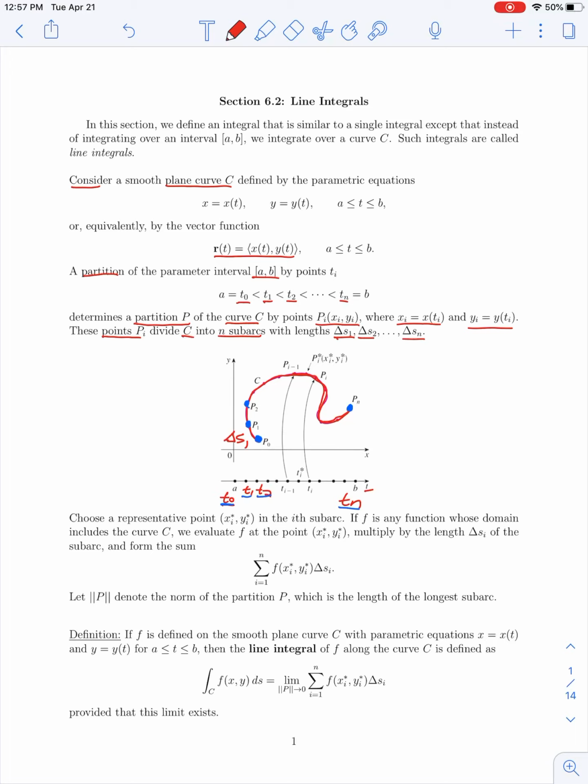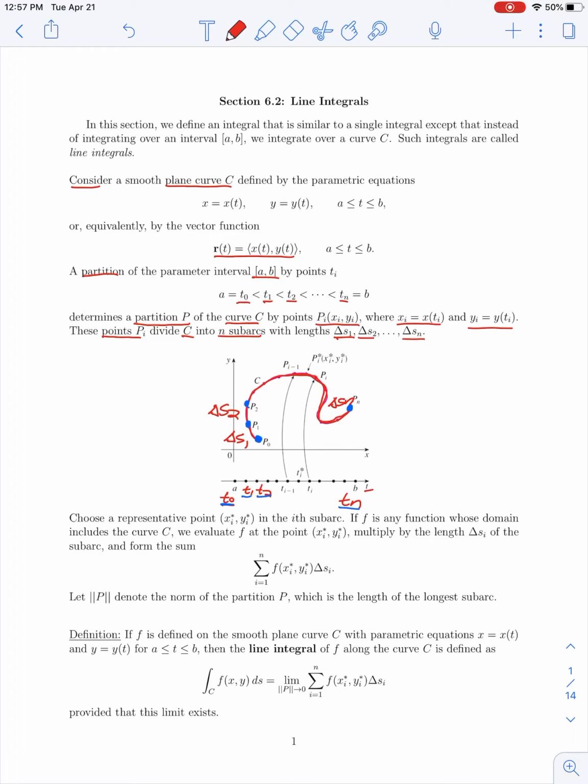The length of the subarc from P1 to P2 will be delta S2, and so on up through our last one, which would be delta Sn.